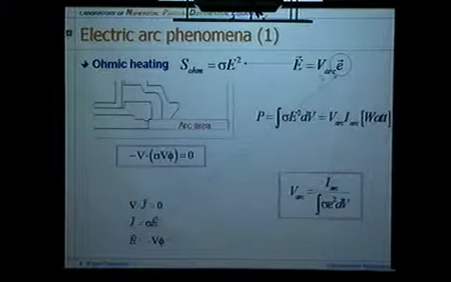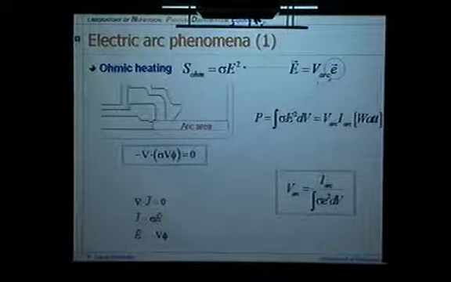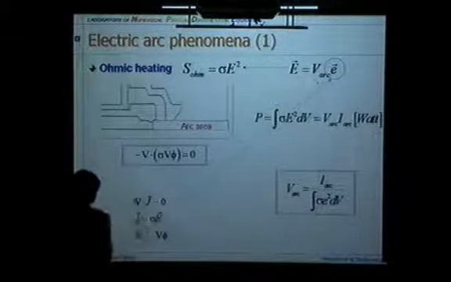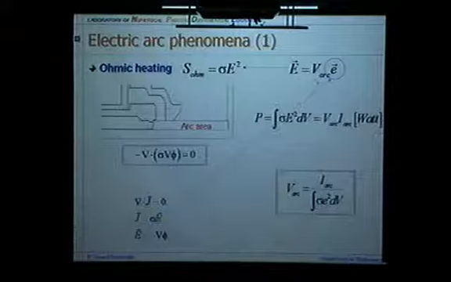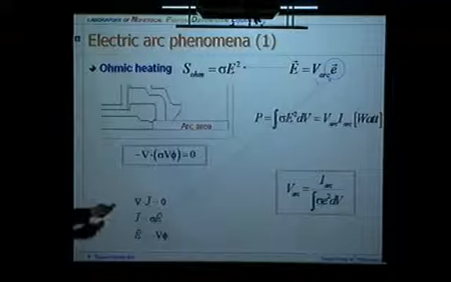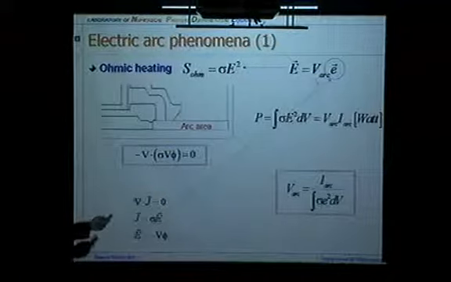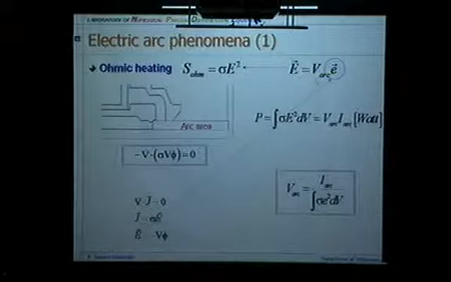Once we measure the current from left to right, we can compute the voltage difference between the left-hand side and the right-hand side. The conductivity coefficient has already been determined by experiment, so we solve these Poisson equations.